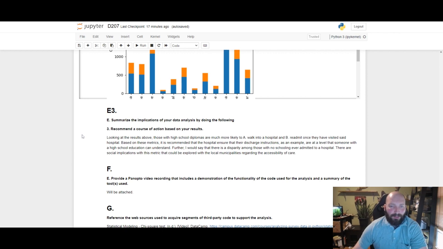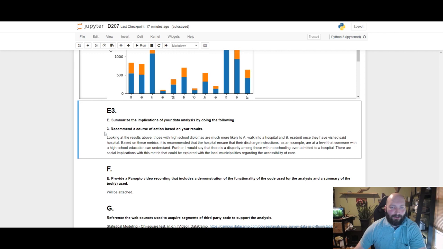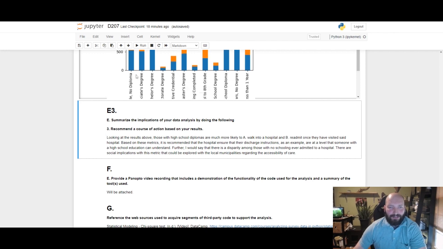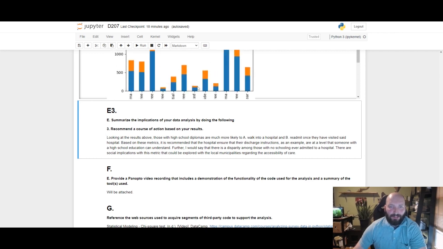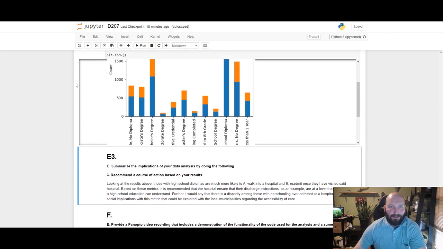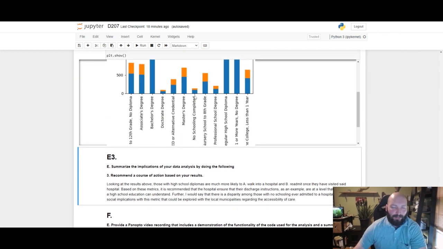And this isn't necessarily beneficial to the company, but I would say, being humanitarian, that we notice that no school completed is very small. So either A, people don't want to say that they don't have an education completed. B, there's not very many, which would say that we have a robust educational system in America, which I would argue.